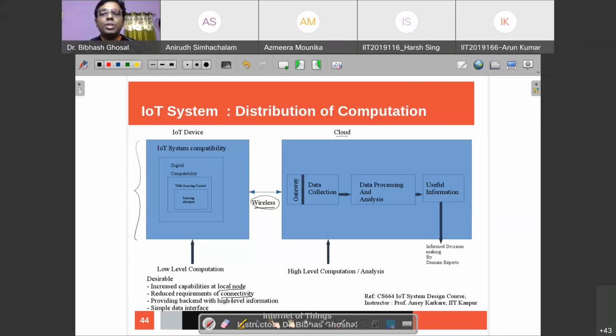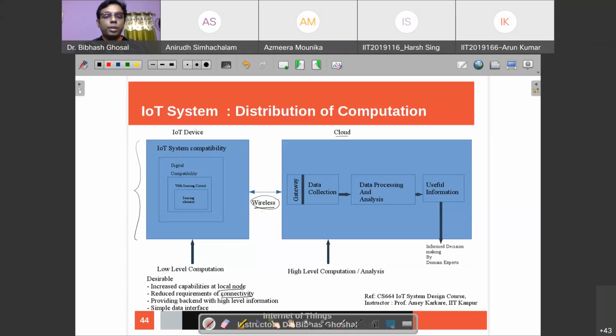That's called edge computing. I don't know whether many of you have heard of this term, but this is what is today the idea. Edge computing, or as much as possible, majority of the computation done very close to the device which is capturing the data, so that the communication requirement is reduced, because a lot of power is spent and a lot of time is taken in communication.